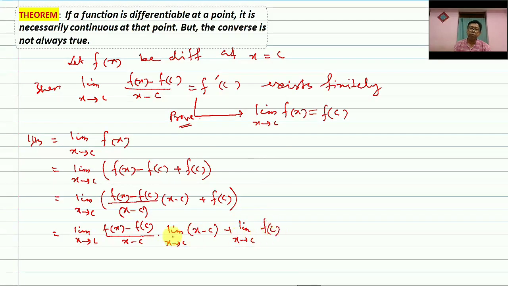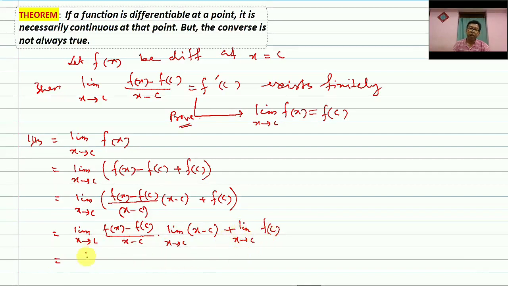Now carefully watch, there are two terms, this is the separation used, and the limit as x tends to c of x minus c is equal to 0. That means this part is equal to 0, so the only remaining part is the limit as x tends to c of f(c).